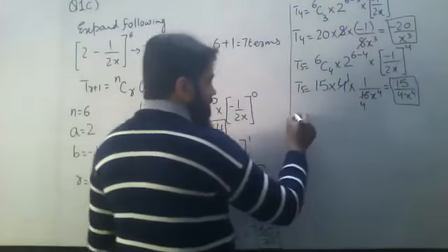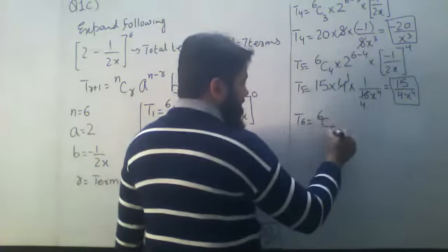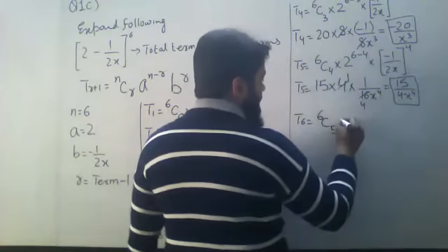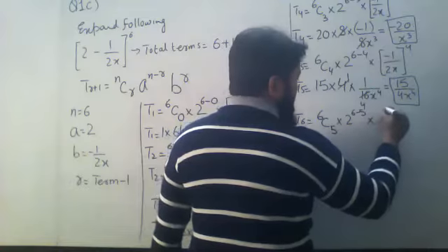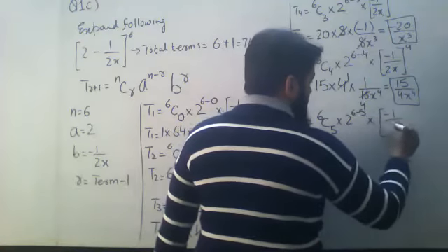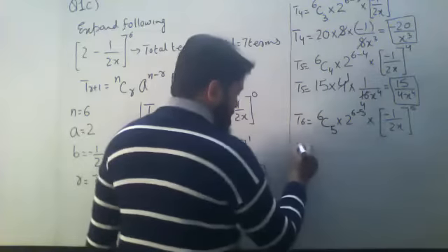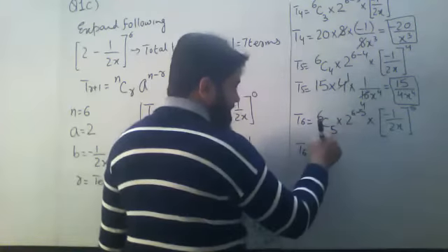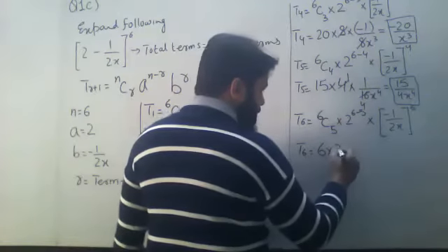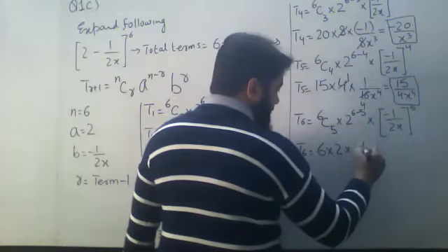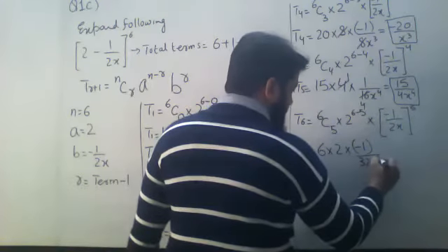Right? Now, T6, 6C5 into 2 to the power 6 minus 5 into minus 1 over 2x whole power 5. So T6 equals 6C5 will be 6 into 2 into minus 1 over 32x power 5.